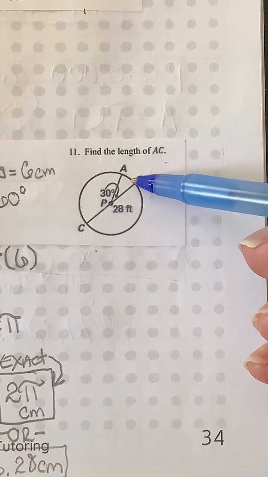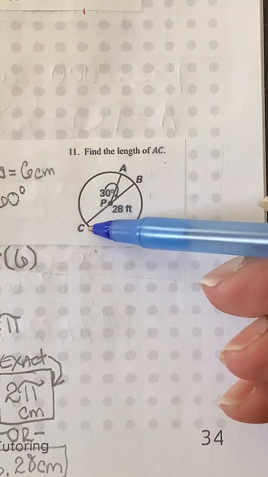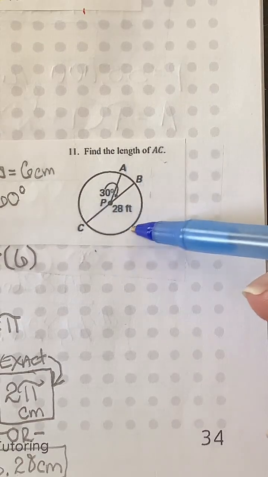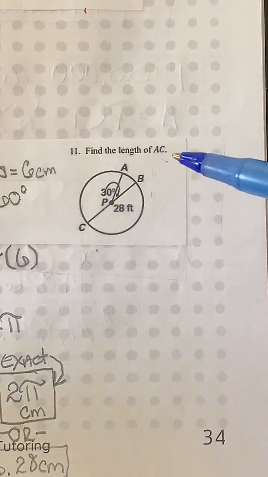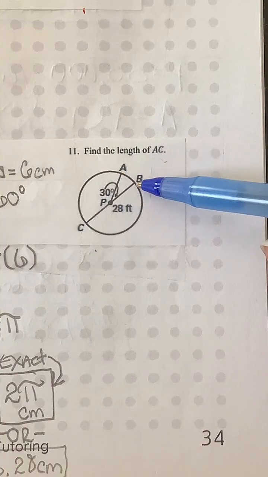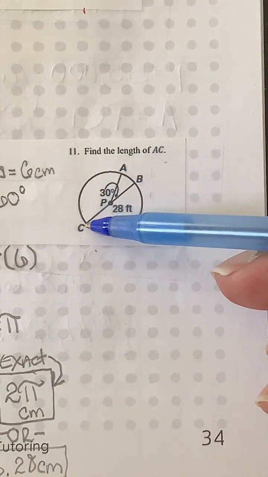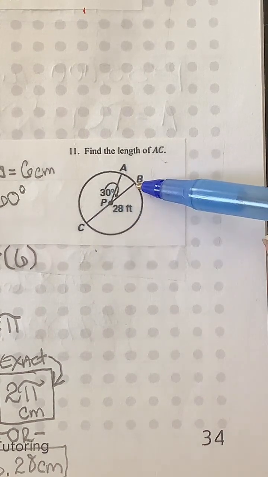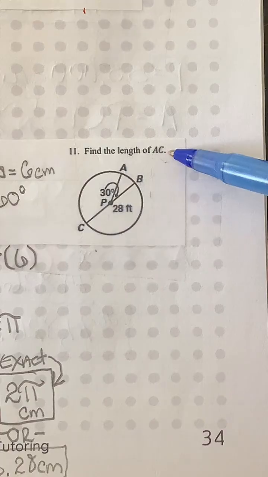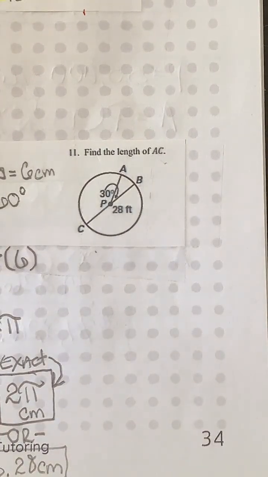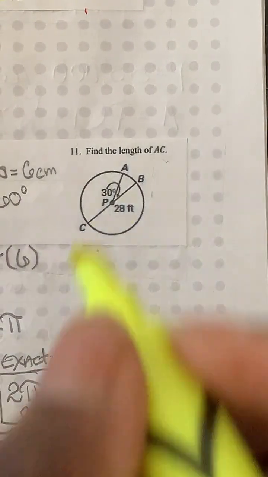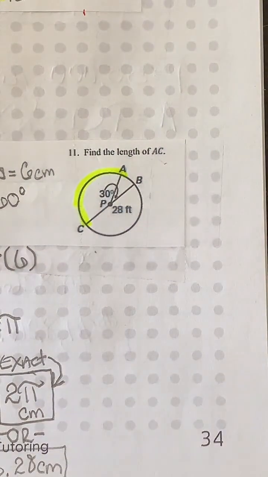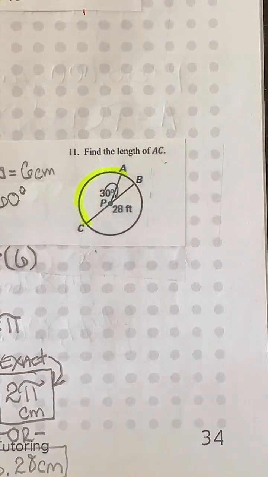If I try to go AC this way, this is called a major arc because it's more than 180 degrees. Plus, I had to go through B in order to get to C. Major arcs are named with 3 letters. Minor arcs are named with 2. So they want you to go from A to C this way. They're talking about that highlighted arc right there.